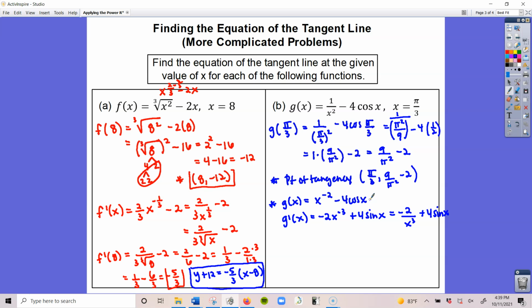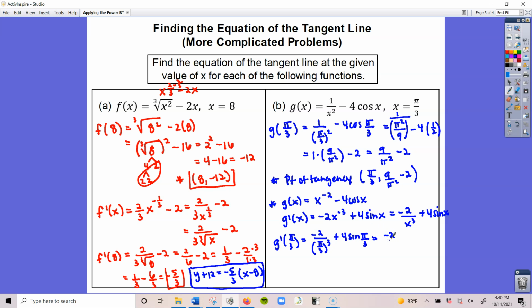Now I can go ahead and plug in my x value. So g prime of pi over 3 is going to equal negative 2 over pi over 3 cubed plus 4 times the sine of pi over 3. Now this, we can clean that up.